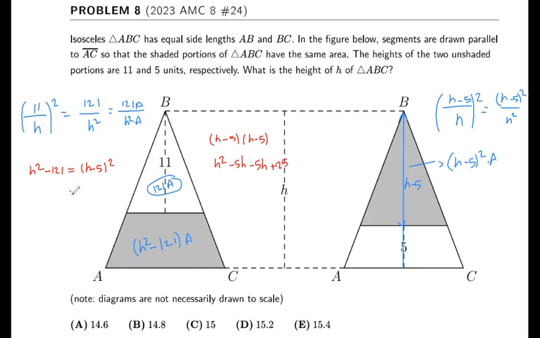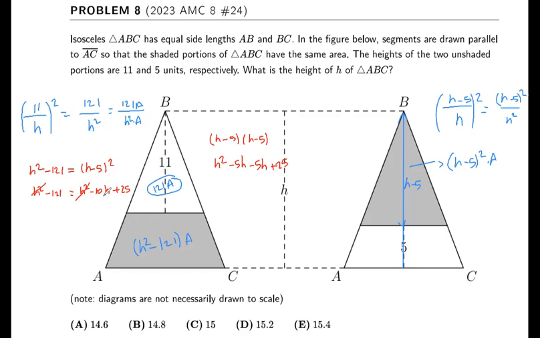So that would be h squared, negative 10h, plus 25. And h squared minus 121. So these will cancel, which is really nice because we don't have to deal with the quadratic, basically.